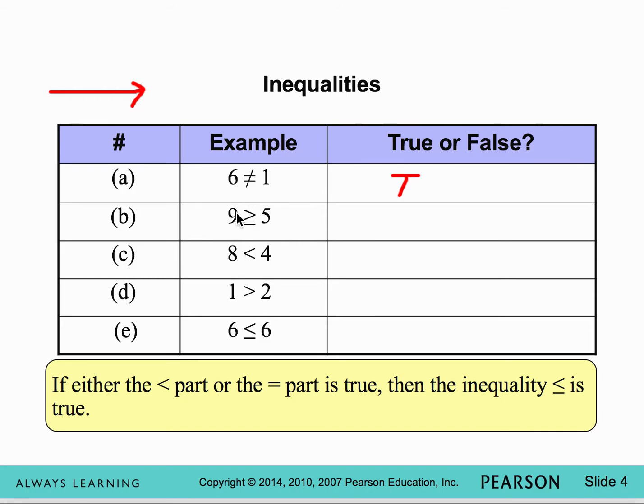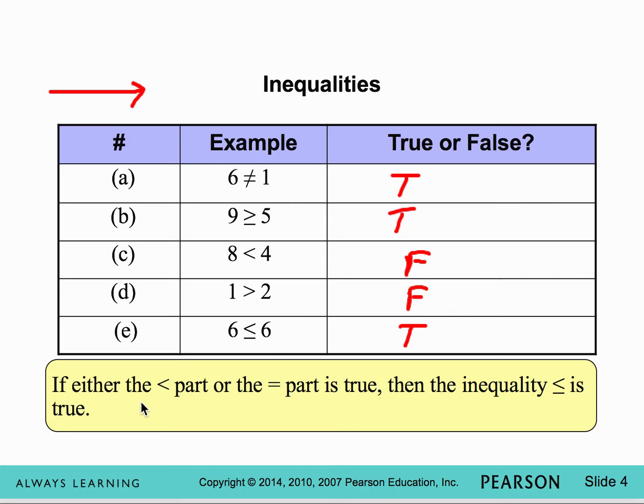So is 9 bigger than or equal to 5? That's true. Is 8 less than 4? Not true. Is 1 bigger than 2? Not true. Is 6 less than or equal to 6? That is true because of the or equal part.